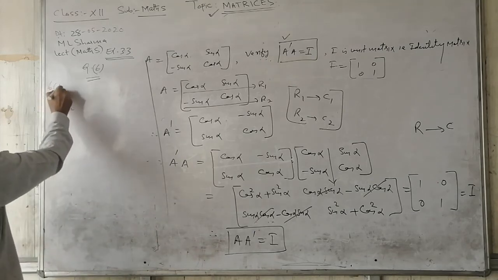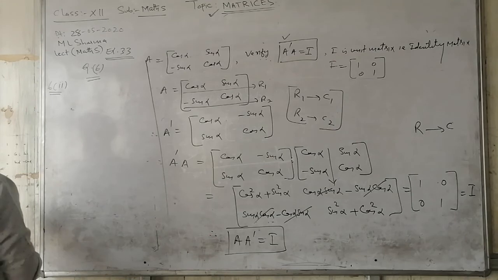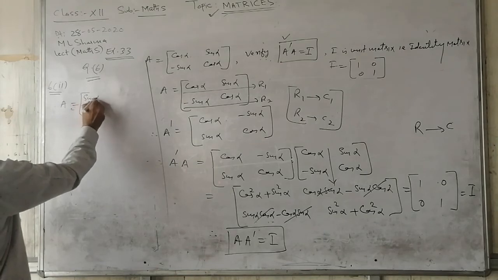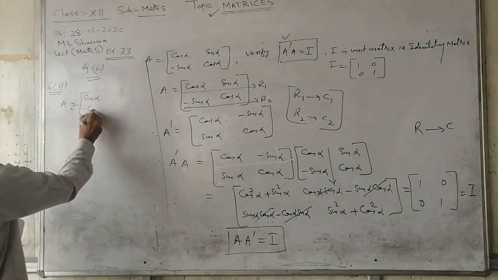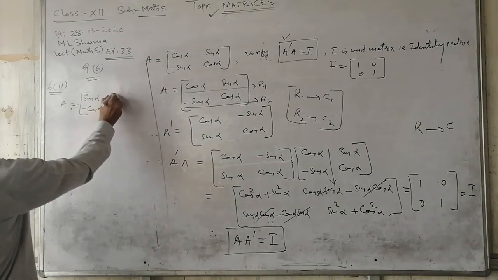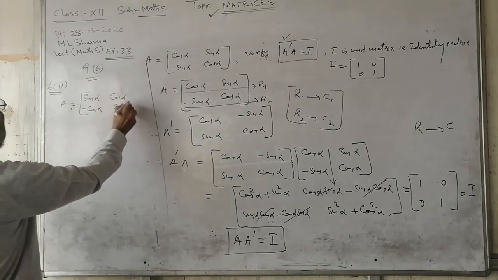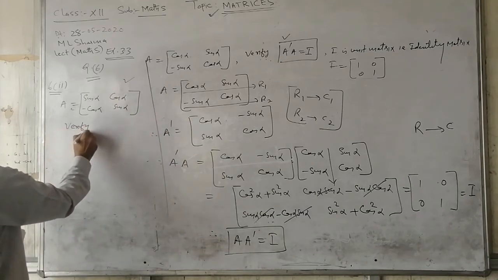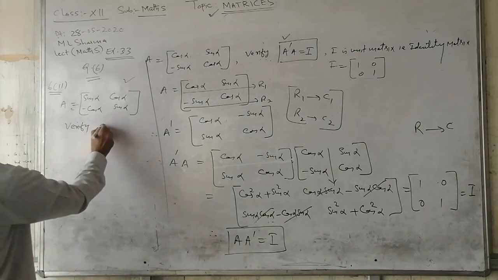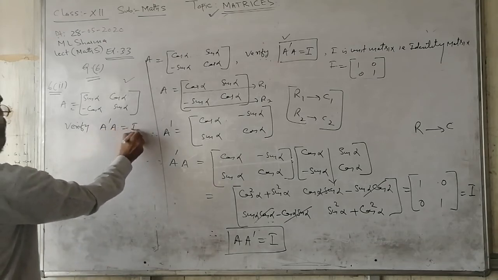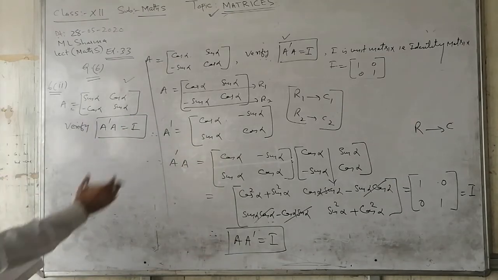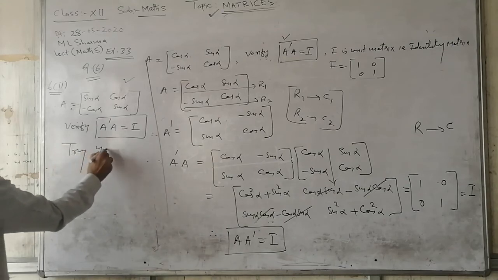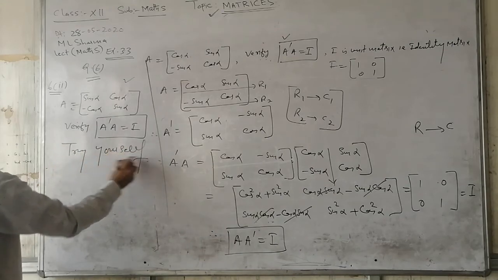Part second says if A is sin alpha, minus cos alpha, sin alpha, this is the value of matrix A. You have to verify A transpose into A is I. In the same manner you can do it. Try it yourself.